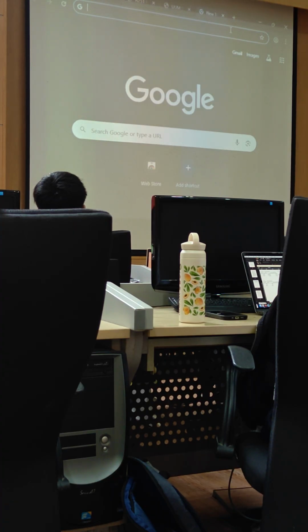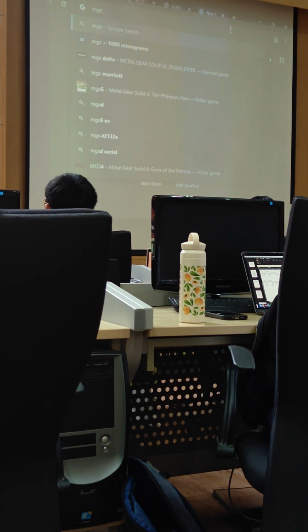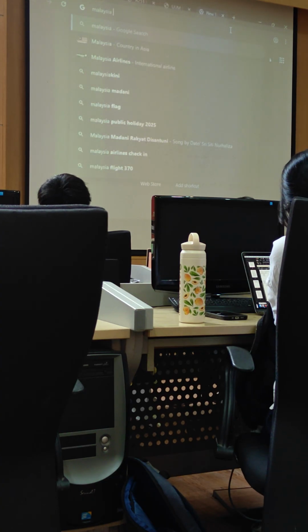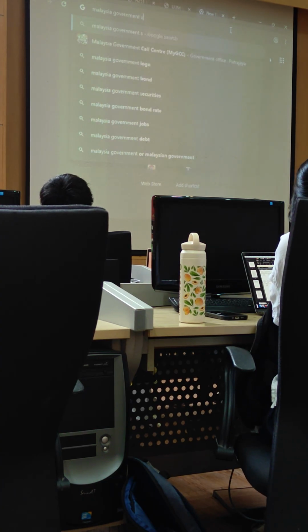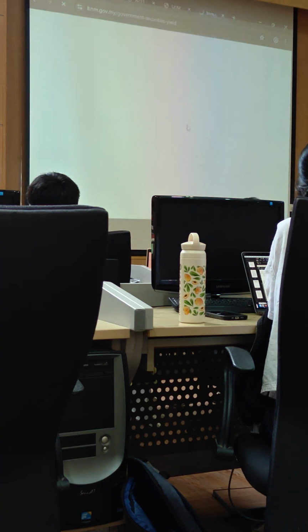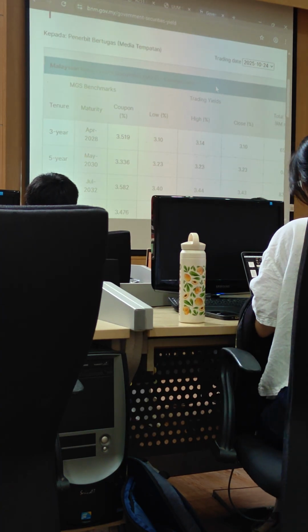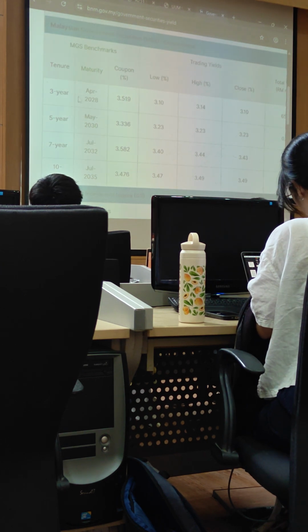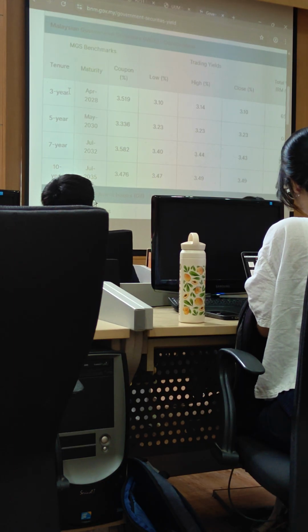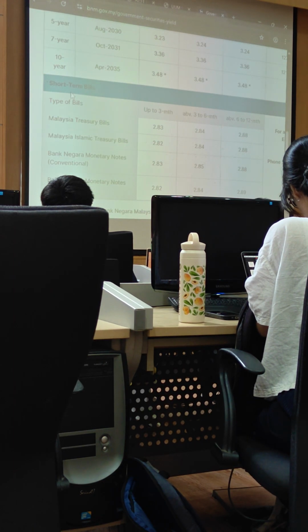Lupa, cuba tengok ni. Nanti with your portfolio, because you have to look at the Malaysia government security scheme. Look here, ambil our portfolio berapa tahun? It was based on 3 years ke? Kita ambil short term setahun.